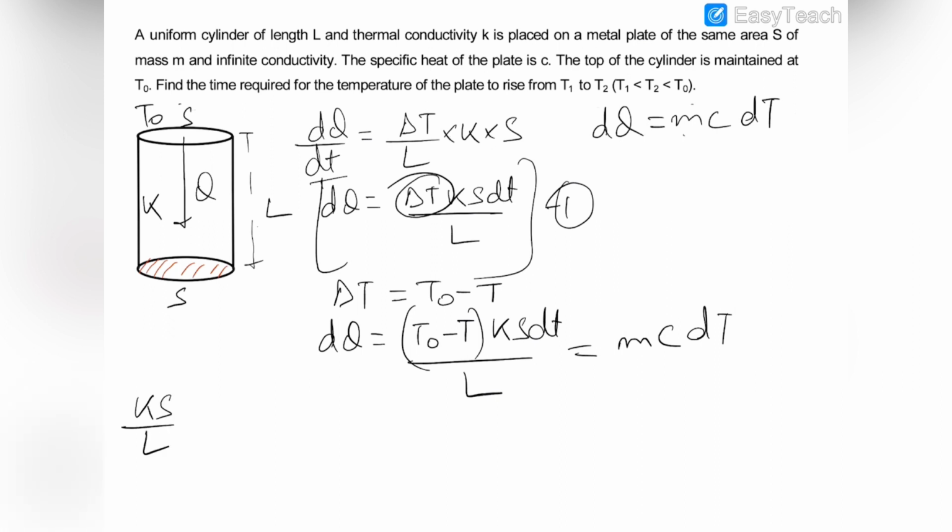So you can see that Ks by L into mc dt integration will be equal to dT by (T0 minus T) integration.